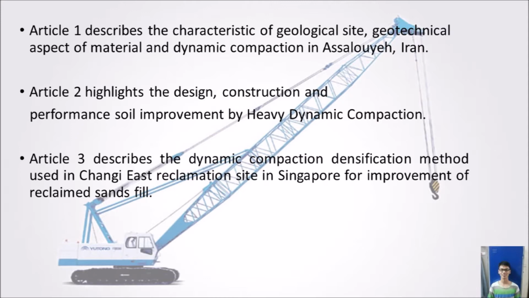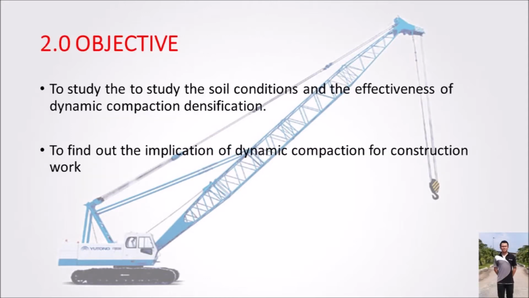Article 2 highlights the design, construction, and performance of soil improvement by heavy dynamic compaction. Article 3 describes the dynamic compaction densification method used in the Changi East reclamation site in Singapore for improvement of reclaimed site fill.